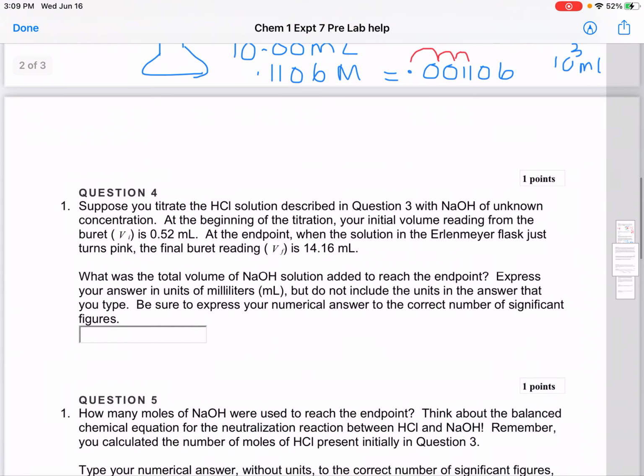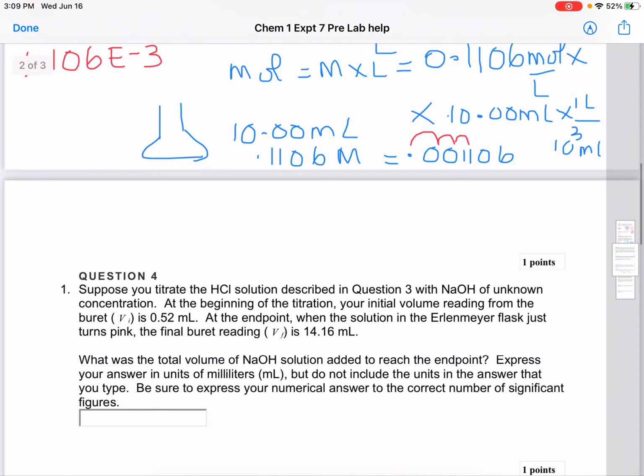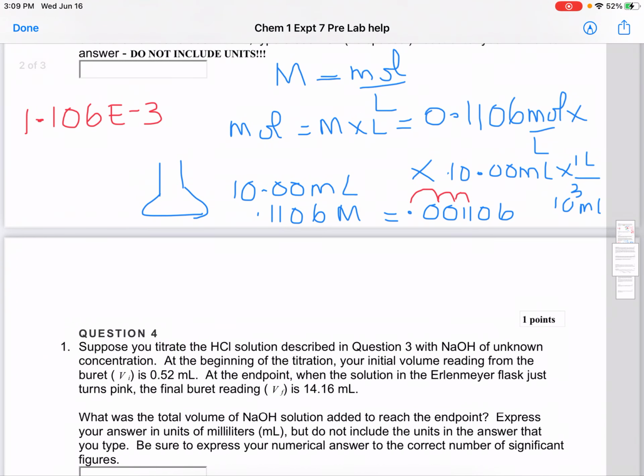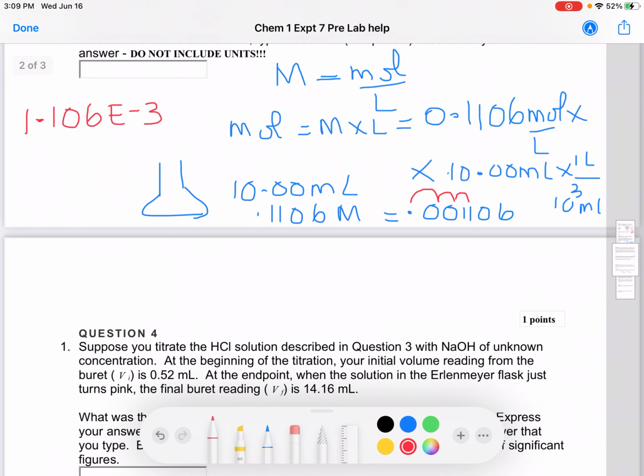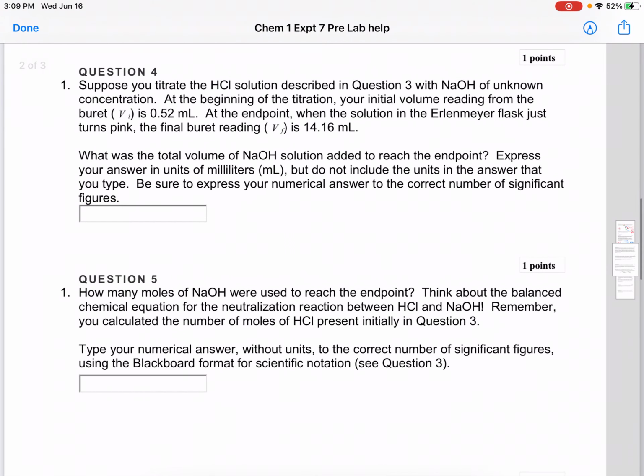Suppose you titrate the HCl solution described in question 3 with sodium hydroxide of unknown concentration. So now we are going to titrate this hydrochloric acid in the flask. Over here you have hydrochloric acid, and now you're going to titrate with sodium hydroxide. At the beginning of the titration, your initial volume reading from the buret is 0.52.